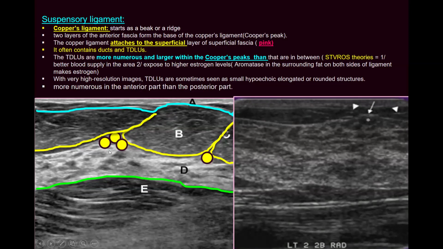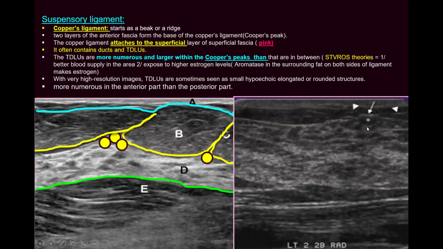If you look here, there are more numerous TDLUs at the Cooper ligaments than in between them. And Stephanos has a theory for that. He suggests that there is better blood supply at the Cooper base, and he also suggests that this area is exposed to a higher estrogen level than the area in between.